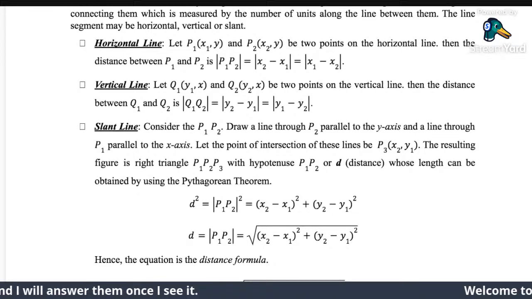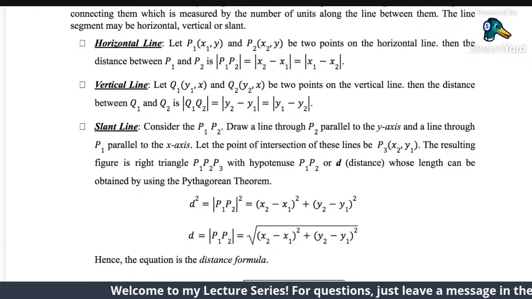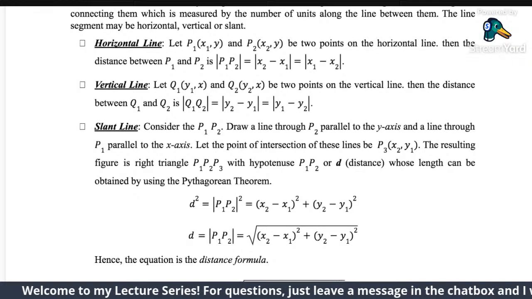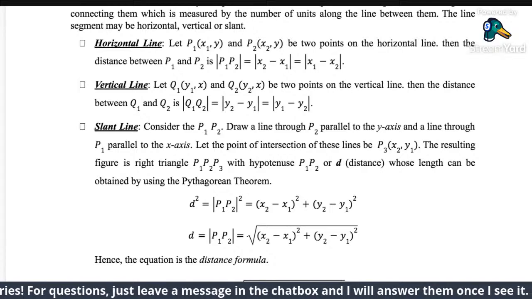So we have the absolute value of x sub 2 minus x sub 1, or you can also have the absolute value of x sub 1 minus x sub 2. We're going to take a look at the proof later on. I think the proof is provided in this module.